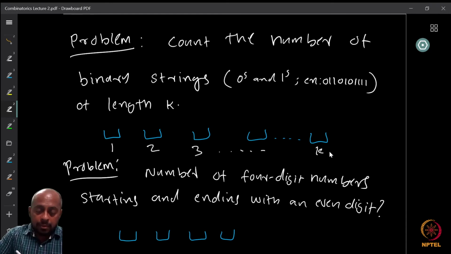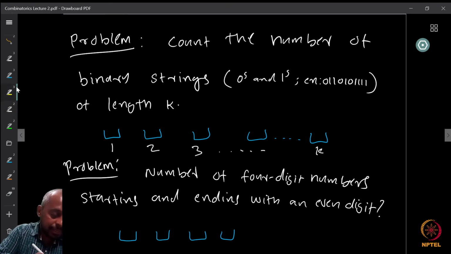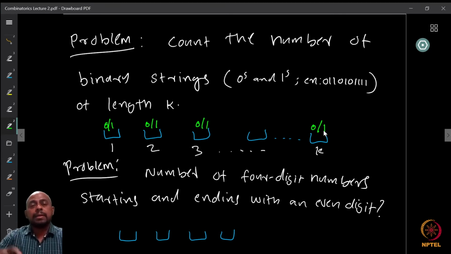Now, if you look at any position, what are the possible letters that can appear here? Either 0 or 1, right? So at each position we have only the possibility to write either 0 or 1, right? So every position has exactly these two possibilities.